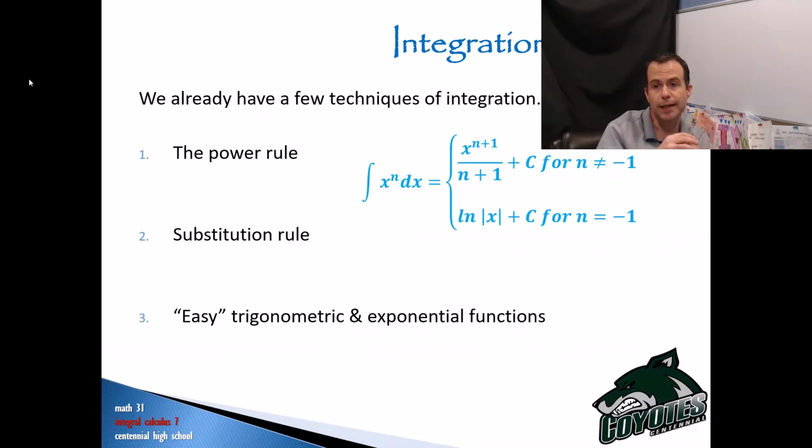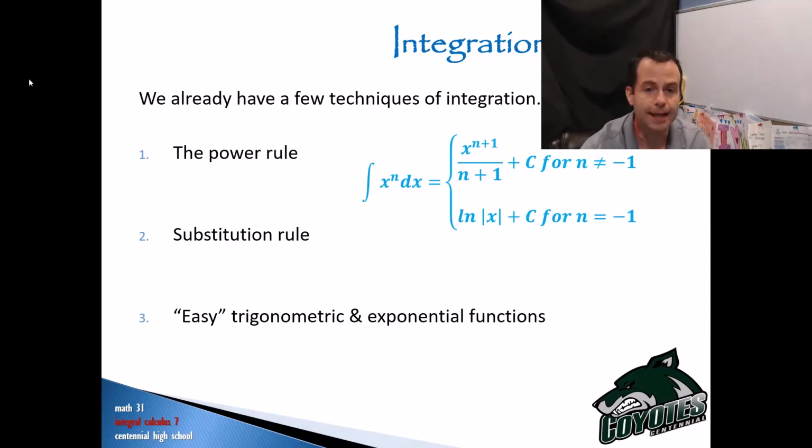So that's where that x to the n plus 1 all over n plus 1 plus c is. Now, that all works as long as n doesn't equal -1. If n equals -1, that's 1 over x now, right? And that was a separate one. The integration of 1 over x was ln x plus c, okay? So those two kind of combine together to form the integration for powers.